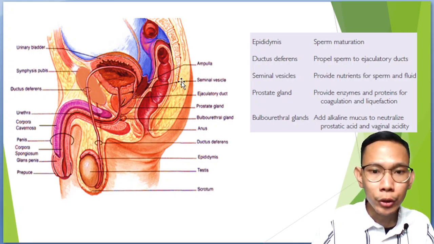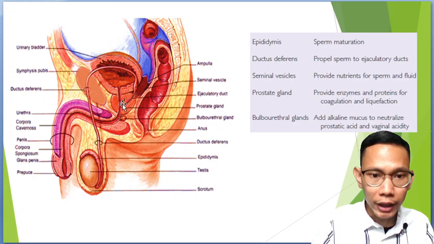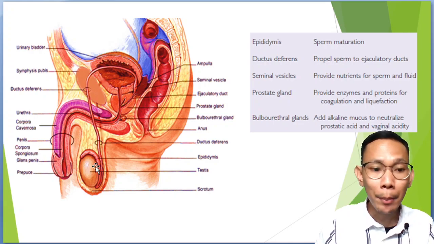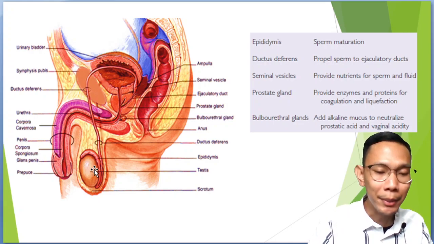Then a secretion from your seminal vesicle will provide nutrients for sperm and fluid. Then your semen will go to your ejaculatory duct, then passes through the urethra and then goes out to your penis. So this is the pathway of your semen.